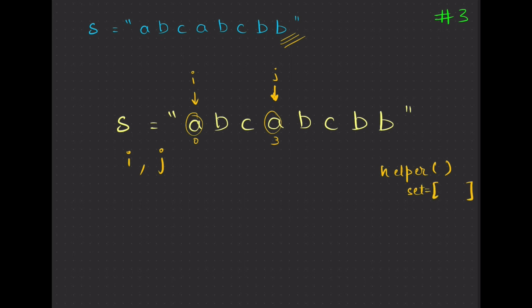Once we have that set, we want to update that set one by one by looping over this range. So the helper function takes i and j and returns a boolean. Then we go through: A is not there in the set, so we add it in there. B is not there in the set, so we add it in there.